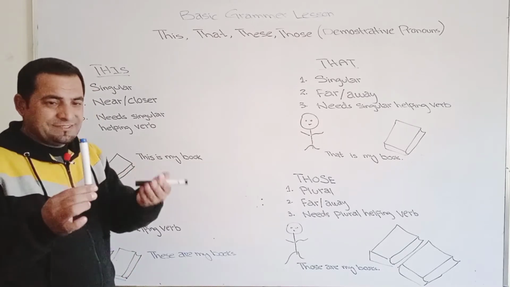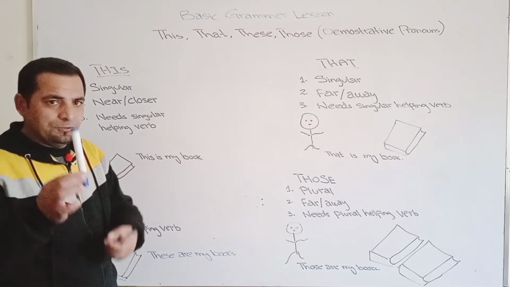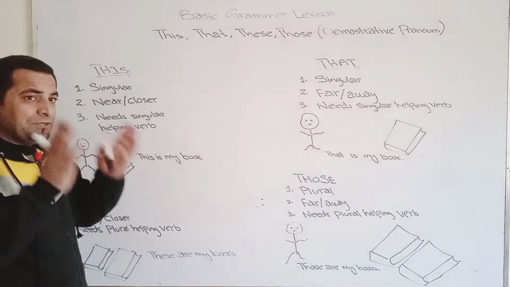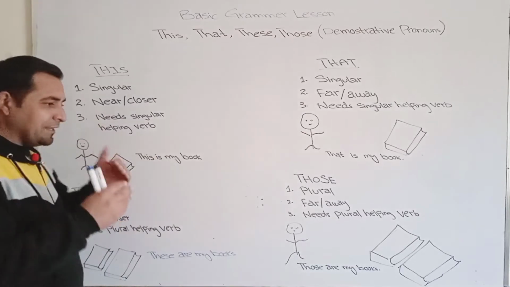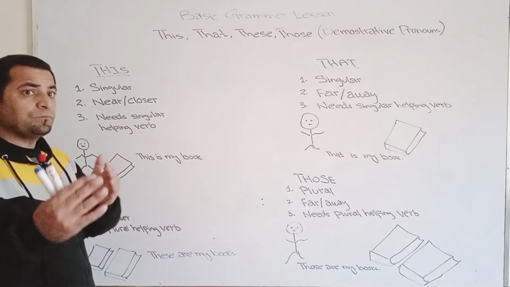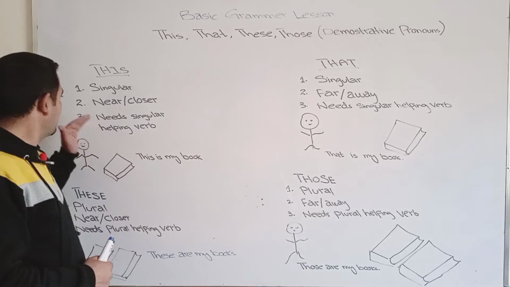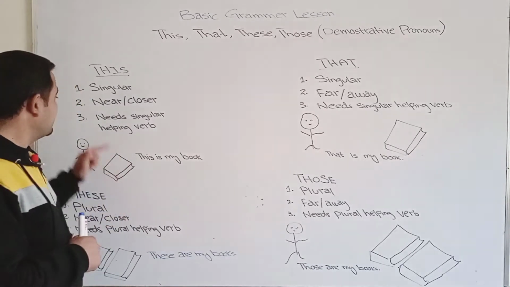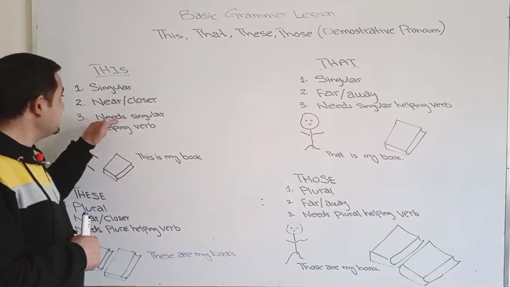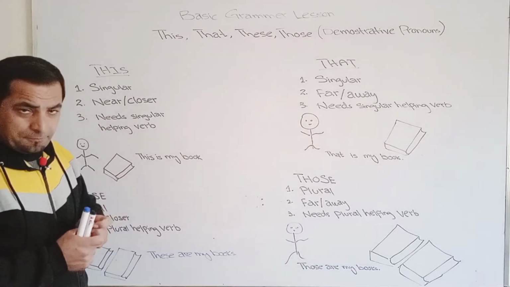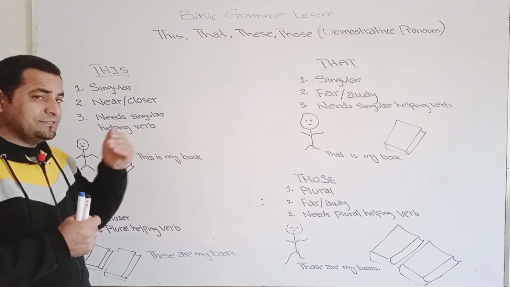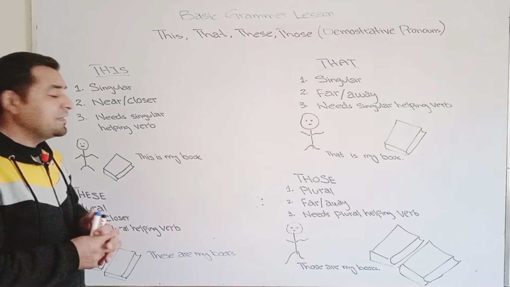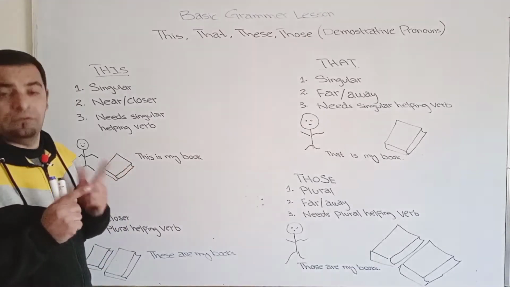You can see that this marker is very close to me, even I'm holding it. So the concept is when you are using this, you feel that the object or the person is near or closer to you. And the third thing we need to know about the use of this is this needs a singular helping verb. So when you use this as a subject, the helping verb will be in singular form.